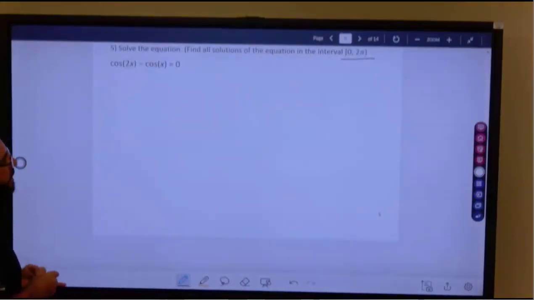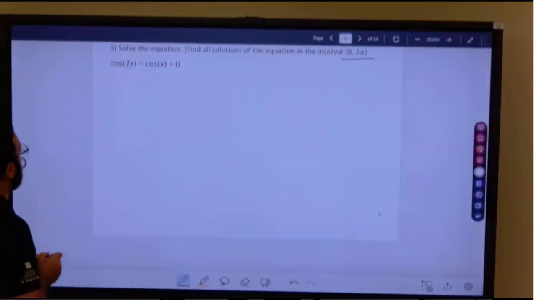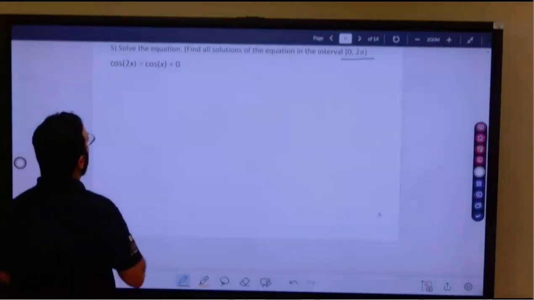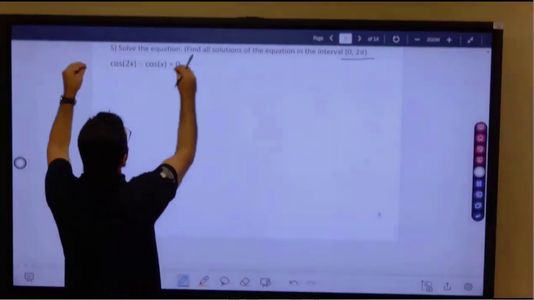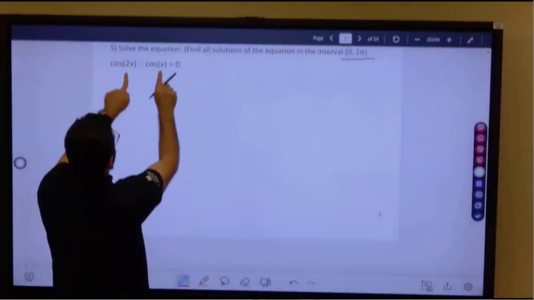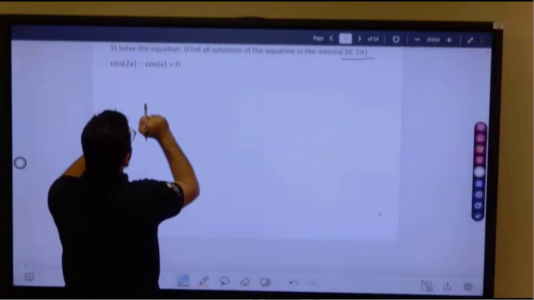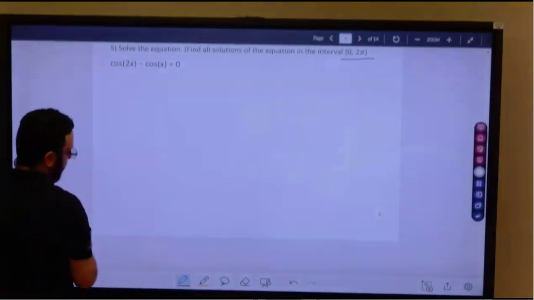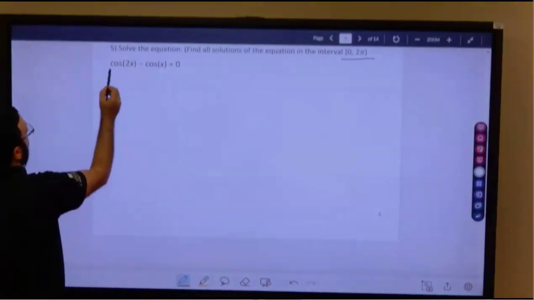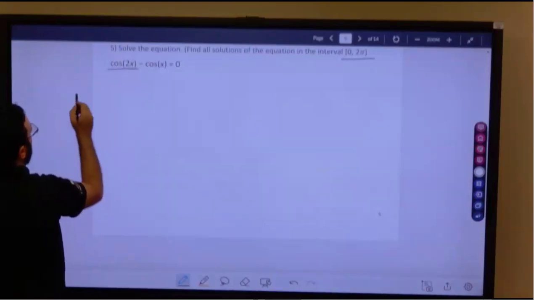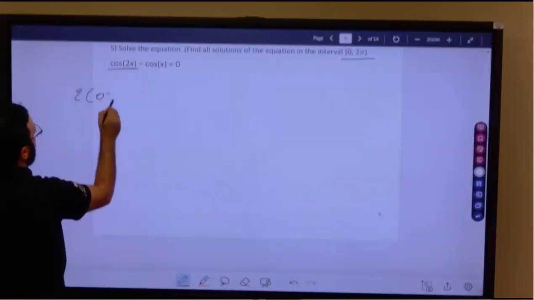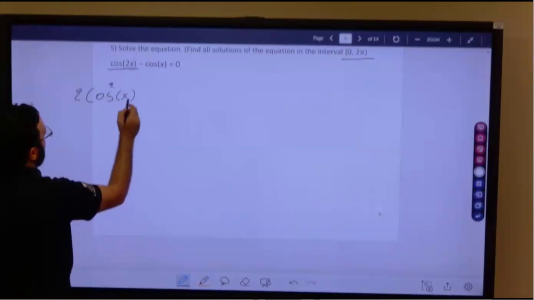So in this case, if I use the second one, which is 2 cosine squared x minus 1, I'm going to convert everything here to the same angle. So the second formula is going to be helpful to use on this example. The first part here is going to be 2 cosine squared x minus 1.